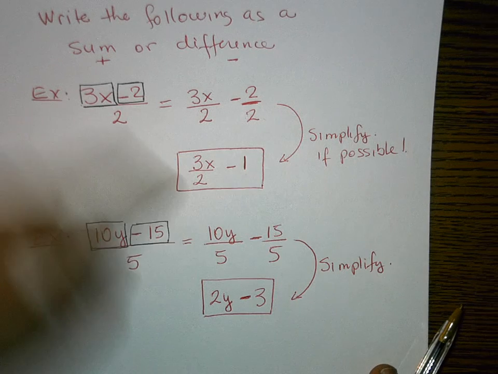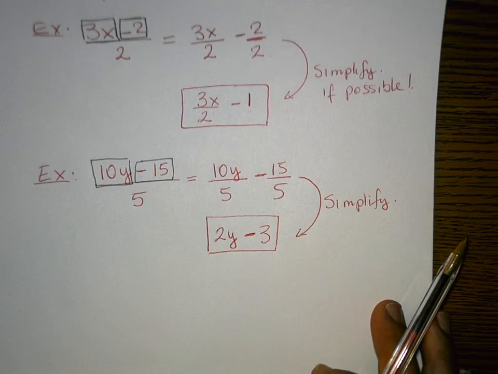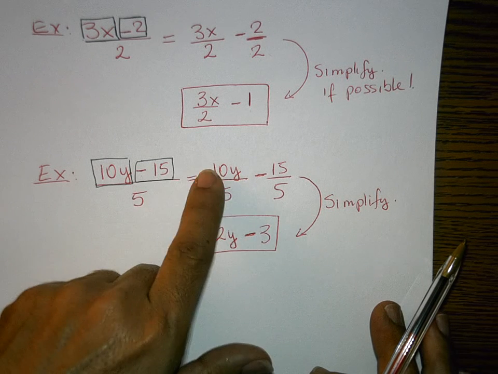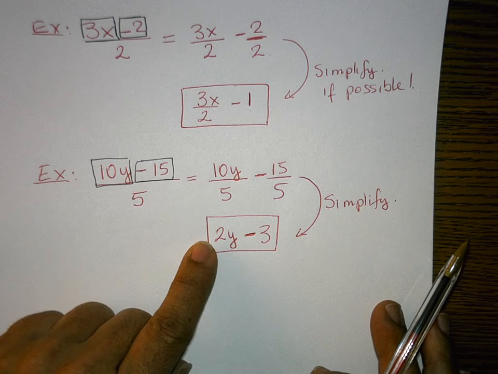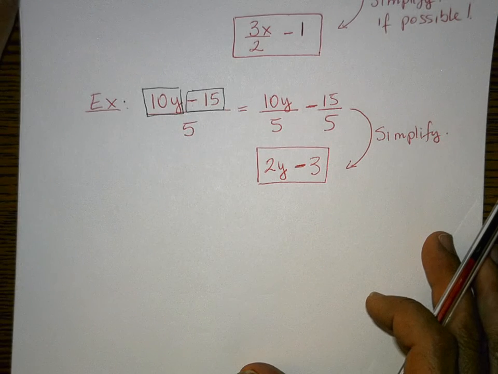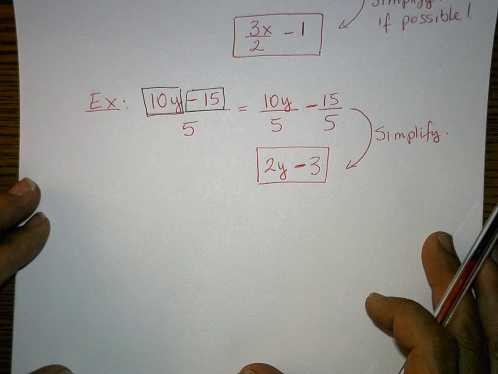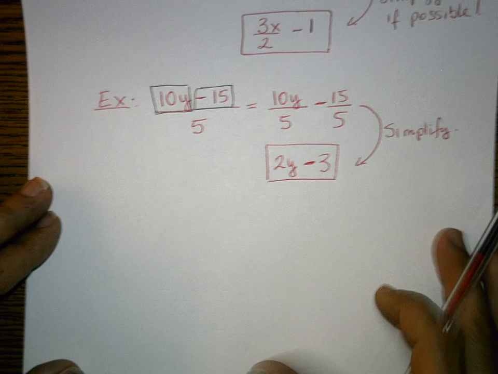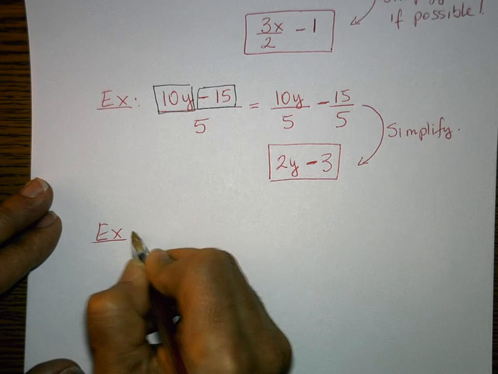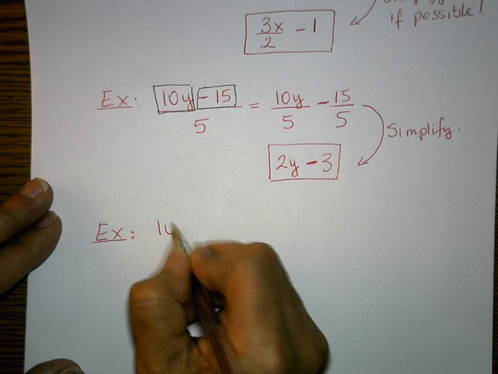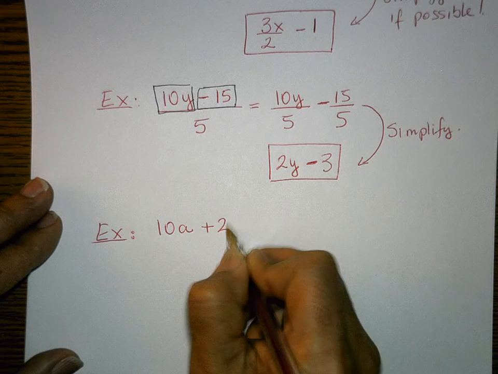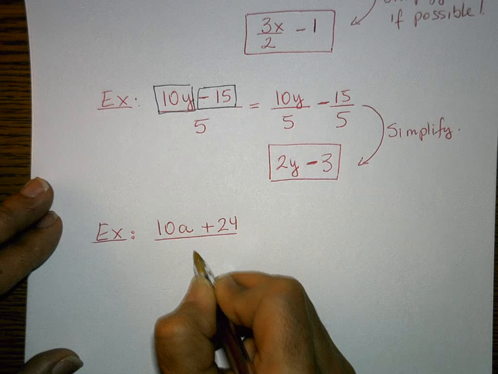That's okay. In this next example, both of them simplify. The two fractions were able to be reduced, and we got nice whole numbers. Let's do one where both of them don't simplify in the same way. So let's do one last little example of this kind of thing. Let's do 10a, let's pick a different variable, plus 24, and let's divide it by 20.